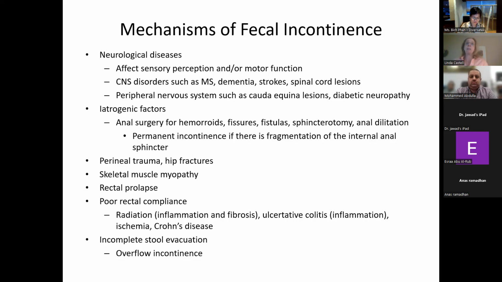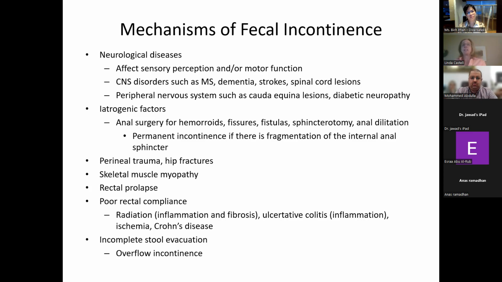These mechanisms can also come from neurological diseases. Neurological diseases can affect the sensory perception or the motor function. Some of these would be central nervous system disorders such as MS, dementia, strokes, spinal cord injuries. So that can cause the fecal incontinence. The peripheral nervous system, such as the cauda equina lesions or diabetic neuropathy, changes people's sensation, so they can have fecal incontinence.